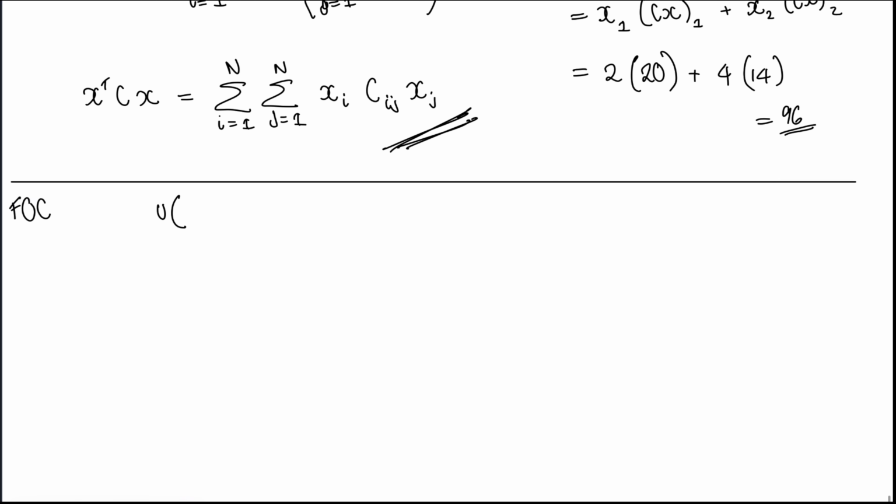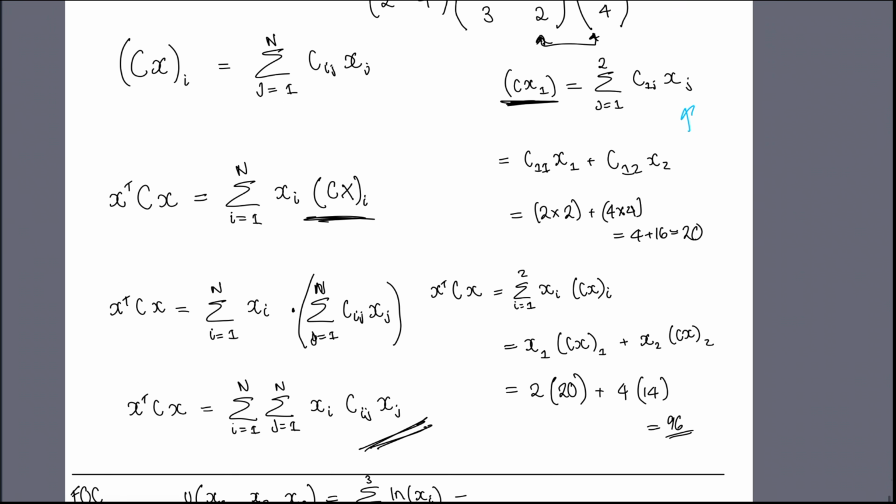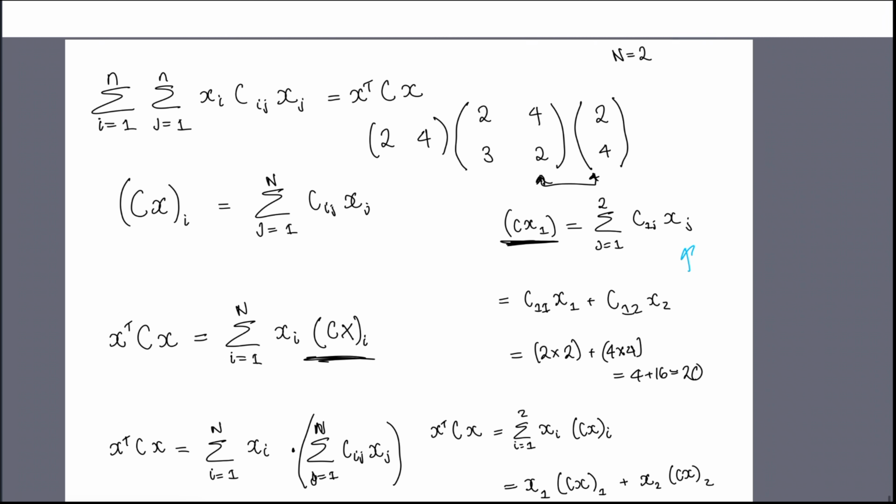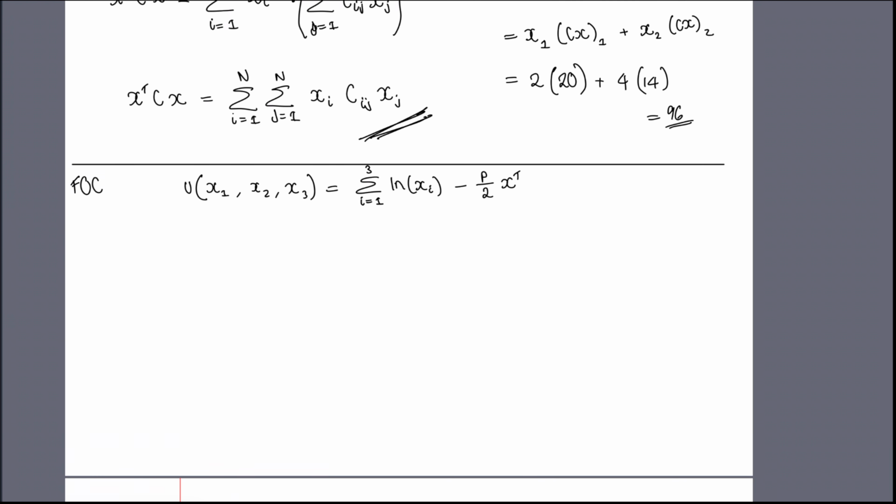What we are now going to do is work out the first order conditions. So we have utility of assets x1, x2, and x3 equal to the sum from i equals 1 to 3 of ln xi minus rho over 2 x transpose c x.